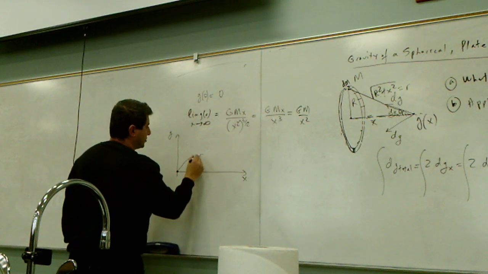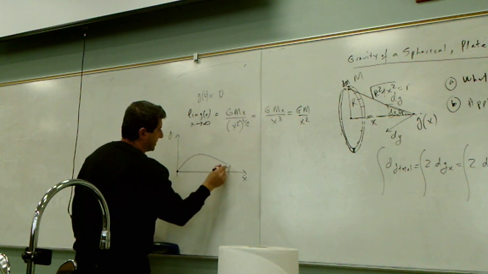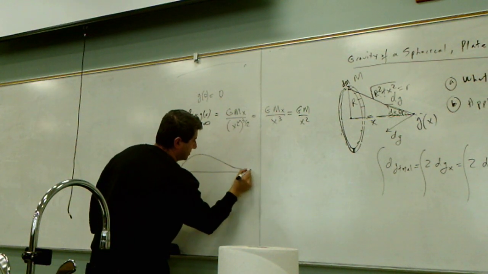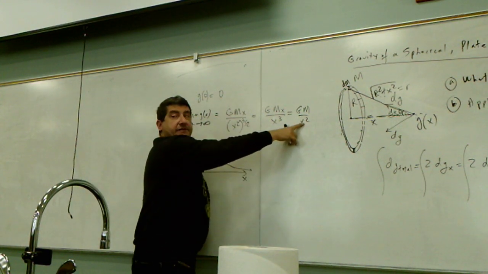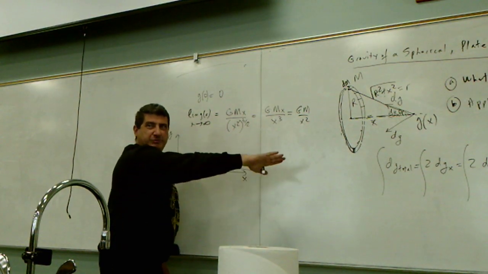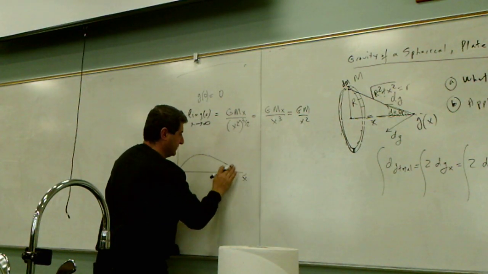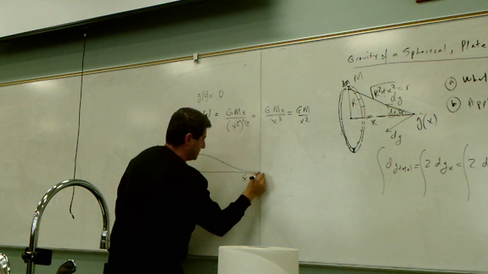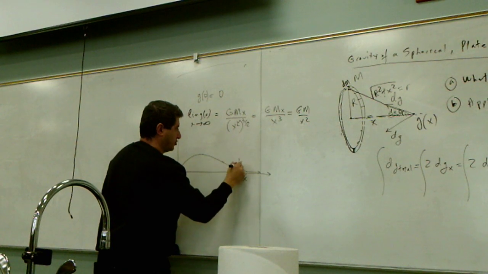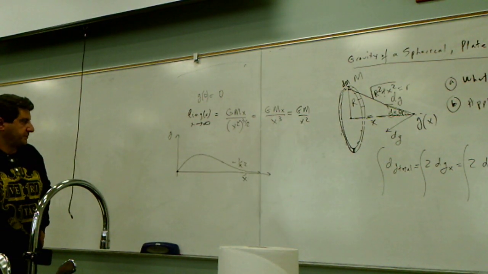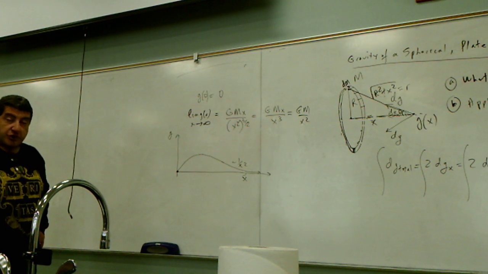Then it starts to decrease, and as you get farther and farther into infinity, it decreases as a 1 over x squared function. So its behavior should be proportional to 1 over x squared. And which it should, right?